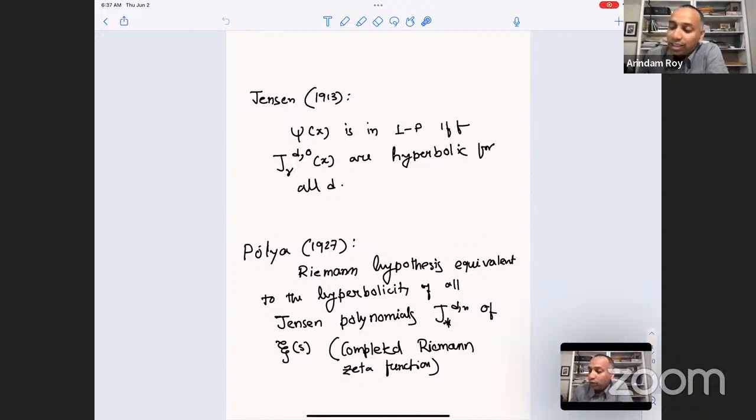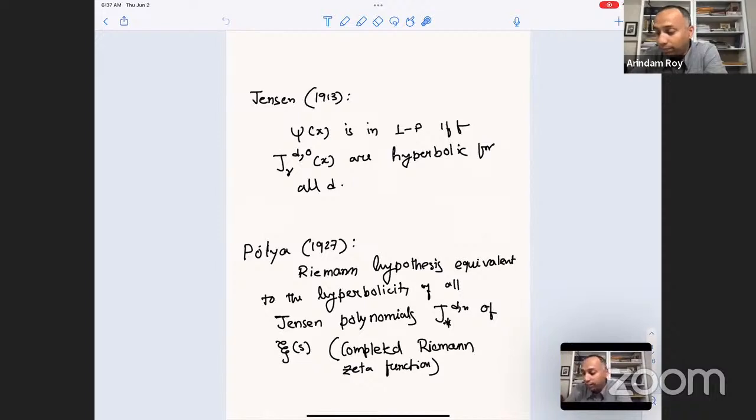So from now on, when we say psi x is in LP, we mean the corresponding Ensign polynomials are hyperbolic.